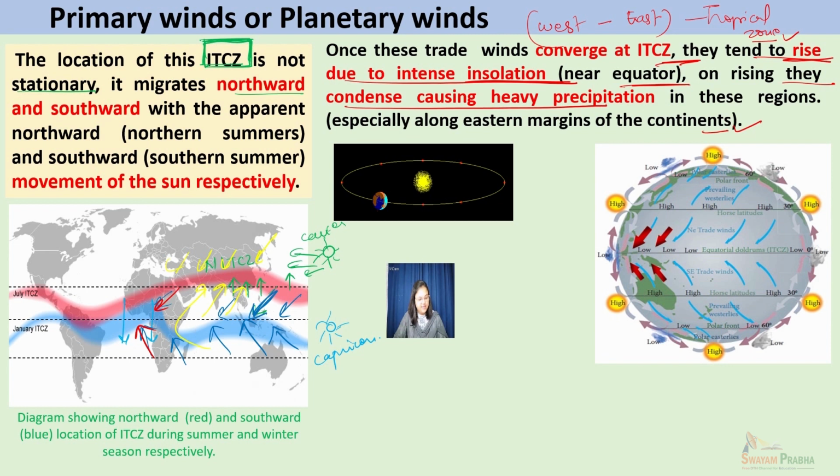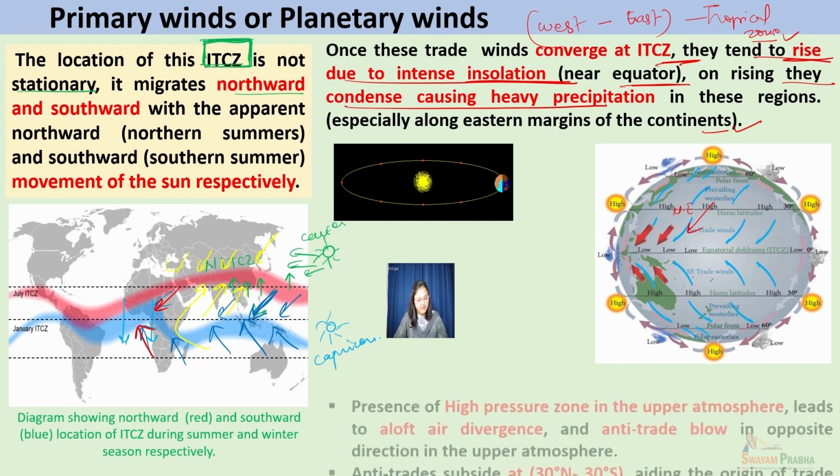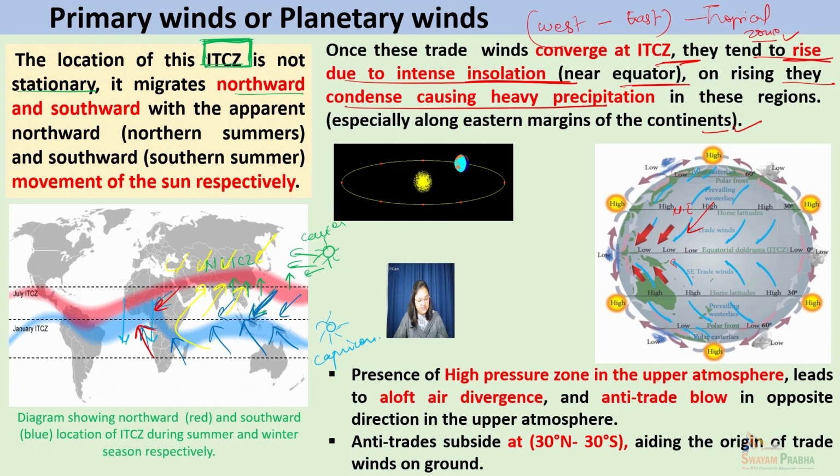As you can see in the diagram, the northeast trade winds coming from the northern regions merge at the equatorial low pressure belt. Similarly, you have the southeast trade winds coming from the southern hemisphere and merging at the equatorial region. So once they converge in the ITCZ zone, they automatically ascend in the upper atmosphere.